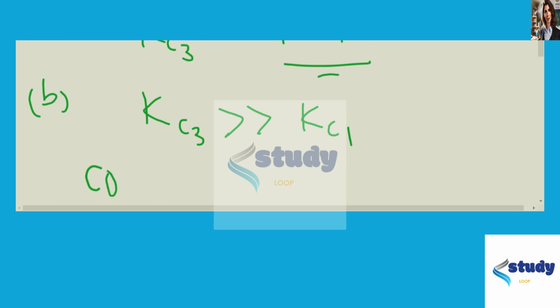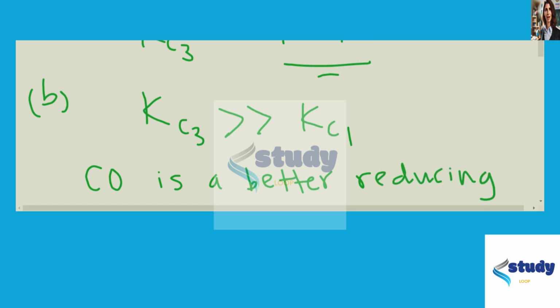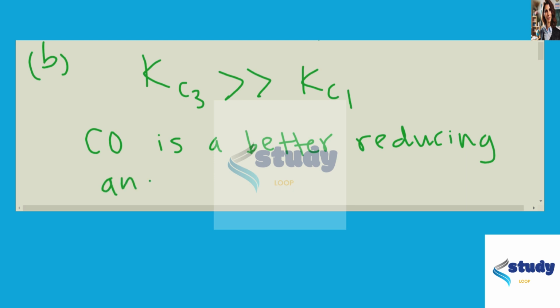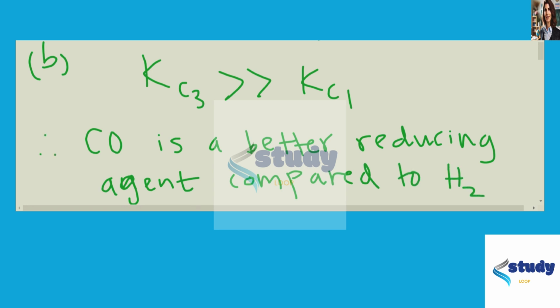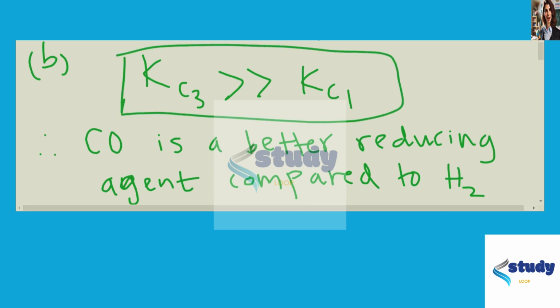So carbon monoxide is a better reducing agent compared to hydrogen. This is derived from the fact that Kc3 is much larger than Kc1. It doesn't need to be much larger. Even if it's slightly larger, it still means that carbon monoxide is a better reducing agent compared to hydrogen.